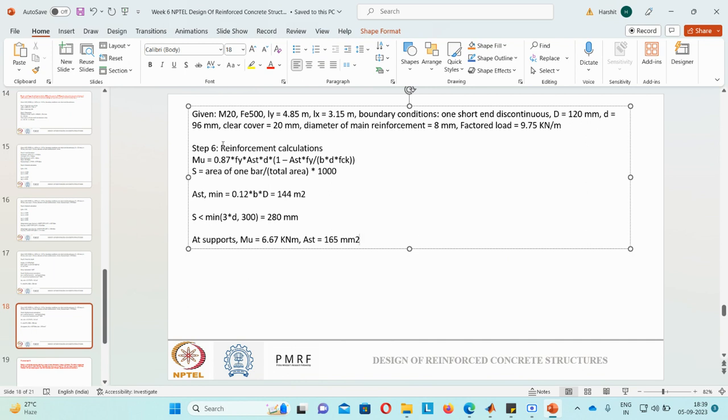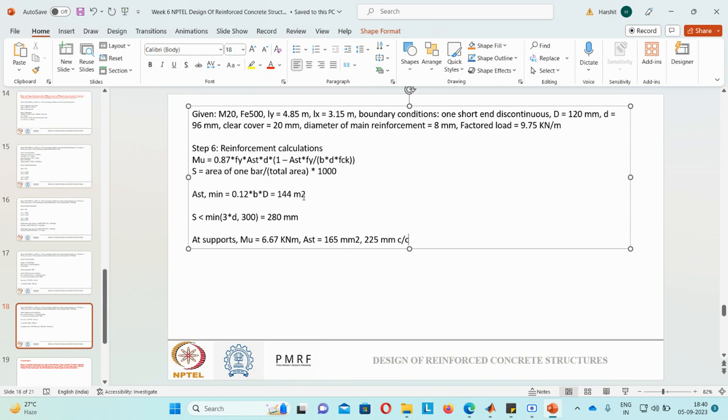When you substitute Mu, Fy, d, b, fck, everything, you will get Ast at support as 165 mm square, which is more than our Ast minimum value. So we can go ahead. For this area you can calculate the spacing, and your spacing will be 125 mm center to center. This is along the shorter side.